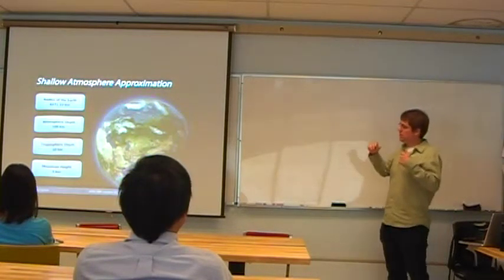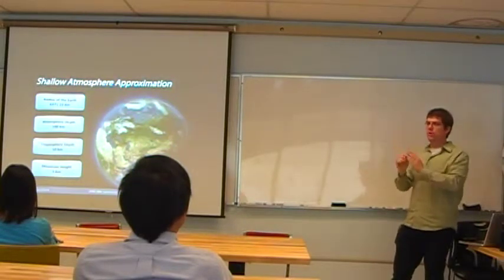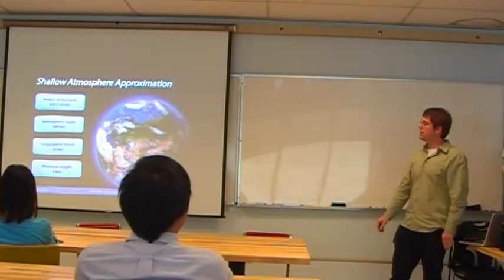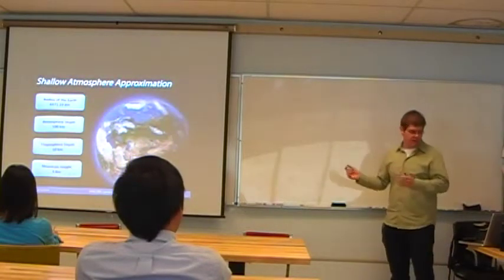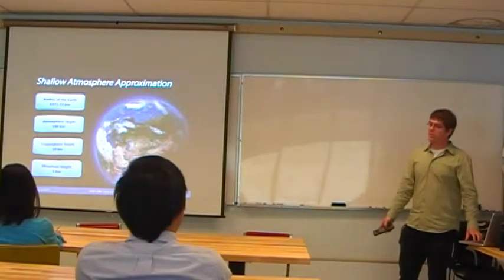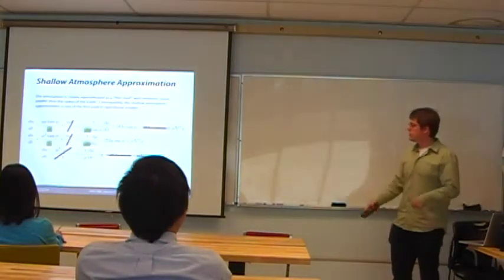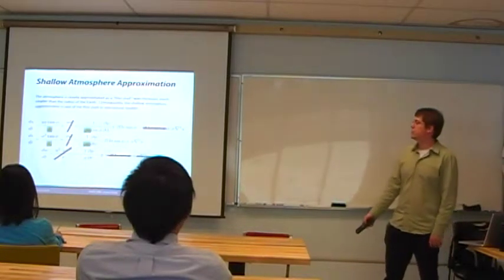So if we take into account the full divergence associated with the size of elements on the Earth, it's somewhat unnecessary. Consequently, the first approximation that is typically used in designing these atmospheric models that does more than simply remove the viscosity term is the so-called shallow atmosphere approximation.